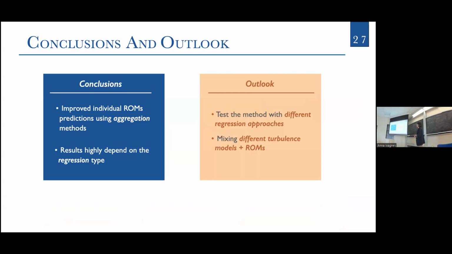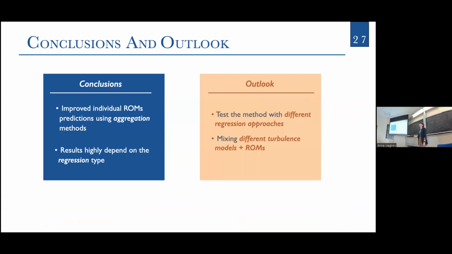Okay, finally, some conclusions. We were able to improve the results of the individual reduced-order models with these aggregation methods. And of course our results are dependent on the regression technique that you use.